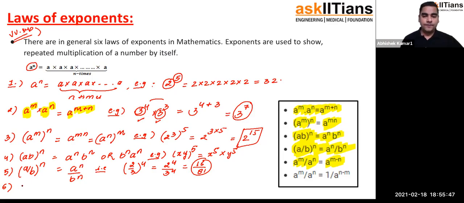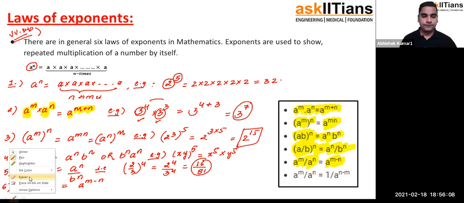So they are saying if you have a raised to the power m upon a raised to the power n, then you can always write it as a raised to the power m minus n. Because when you move this a raised to the power n to the numerator, this is going to become negative. Check out here. If you move this a raised to the power n to the numerator, you will get a raised to the power minus n.